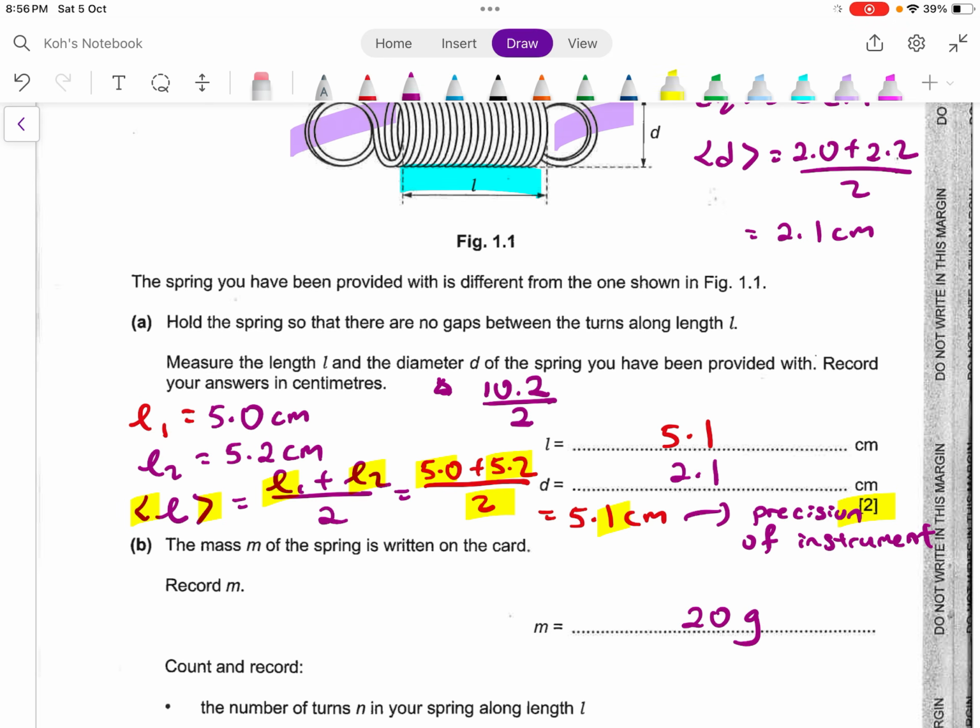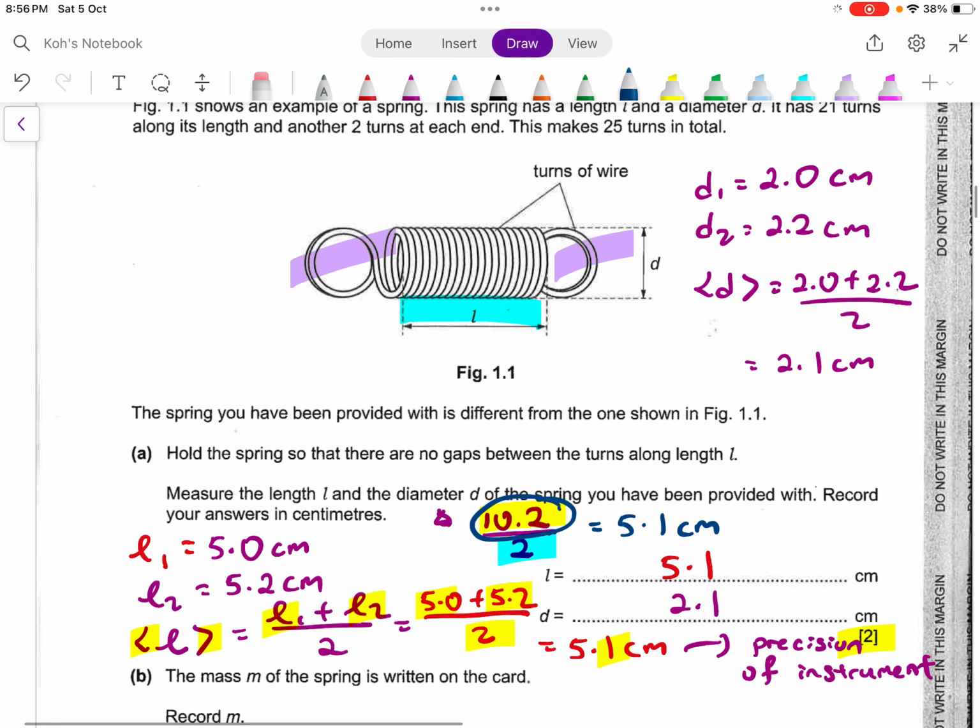You can see this is 3 sf, this is 1 sf. For division we follow the least sf, but since 2 is a constant, we do not follow the sf of a constant, we follow the sf of the data. So you will still get 5.1 centimeter. You can use this idea to calculate the average.